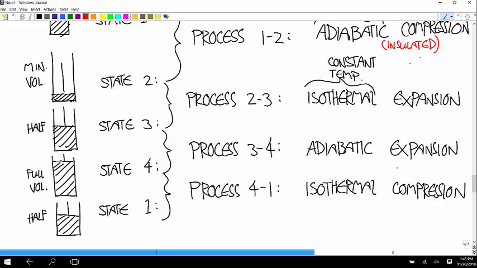The isothermal expansion from state 2 to state 3 happens because the system is in contact with the hot reservoir. Then the adiabatic expansion means that it's insulated again, so not in contact with either reservoir. And then finally, the isothermal compression, that's contact with the cold reservoir.